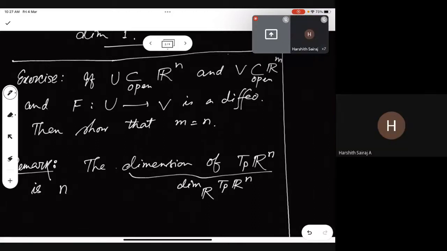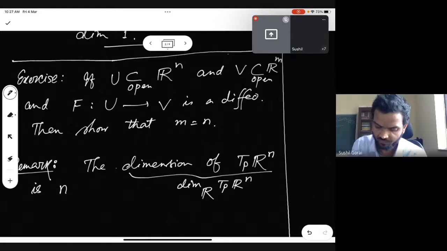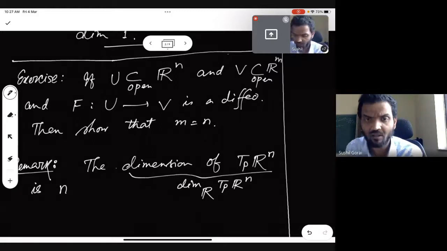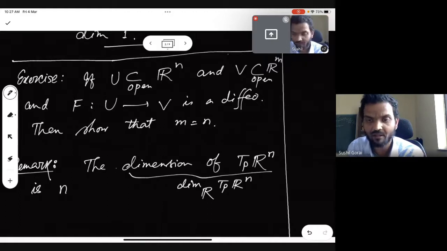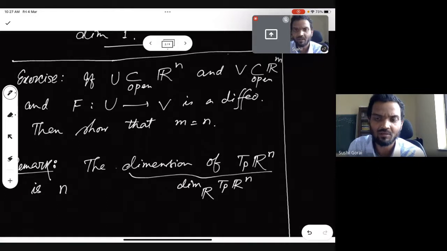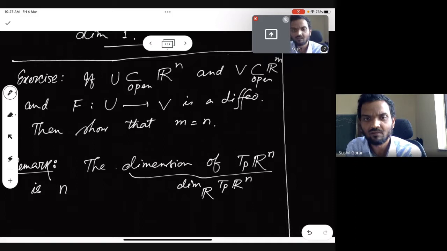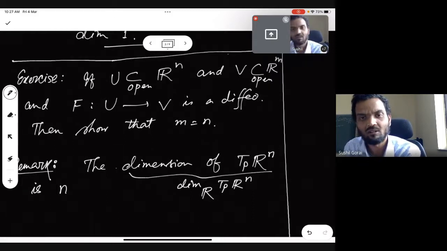Sir. Okay. So if you are not comfortable with the dimension of T_p R^n being n, you do it on your own. So you know the basis, del by del x_i, i varies from 1 to n. This gives you a basis. So prove that this is actually a linearly independent set. And of course, it can't be more than that. Any other vector from the tangent space you take will be a linear combination of those vectors. All right.